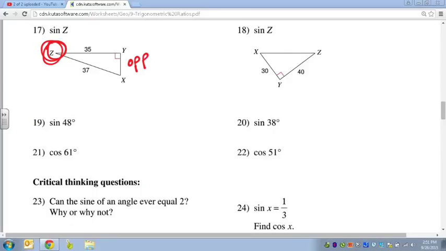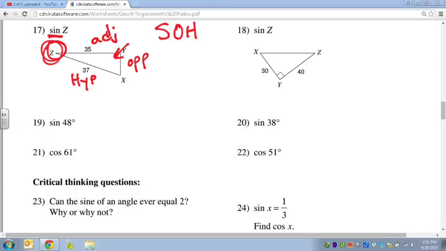I know that this is going to be the hypotenuse here, and this is going to be the adjacent side. So in this triangle, if I'm going to do sine, and remember sine is opposite over hypotenuse, but I don't have the opposite side, how am I supposed to do this problem?